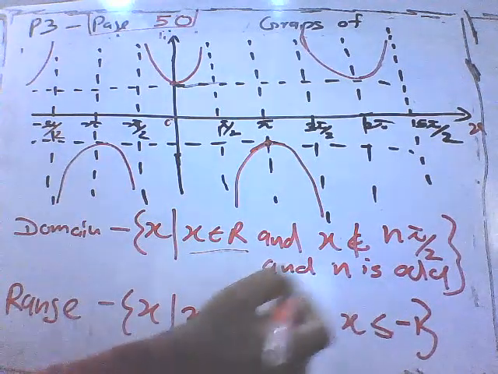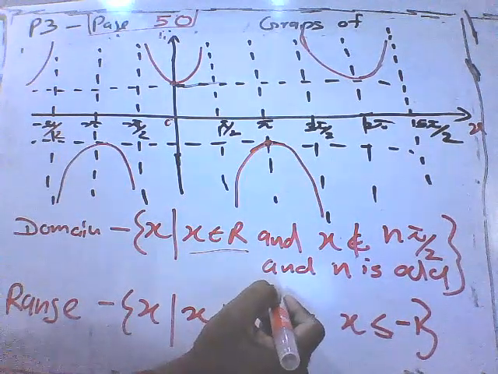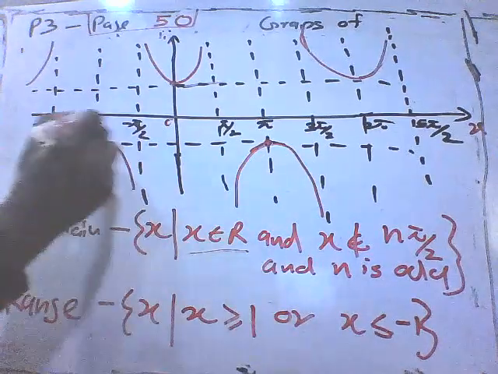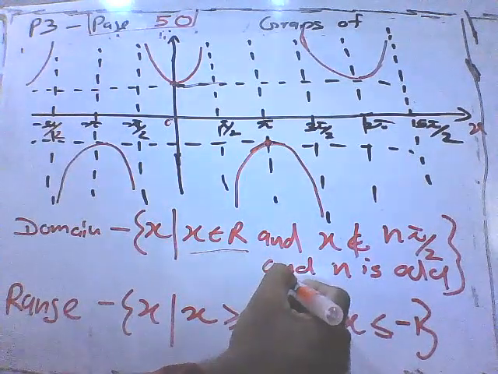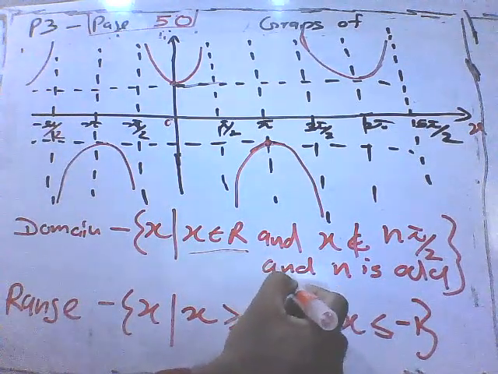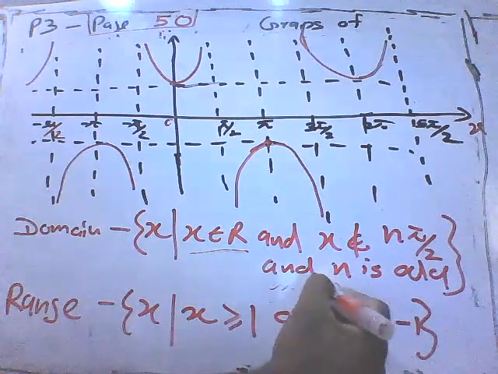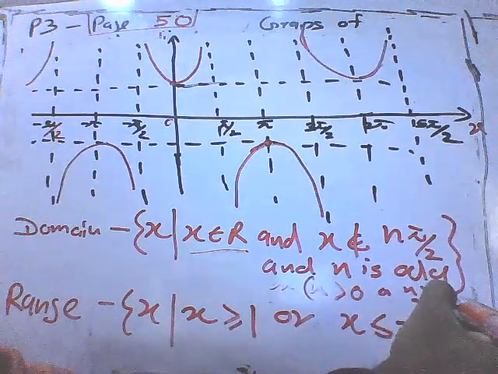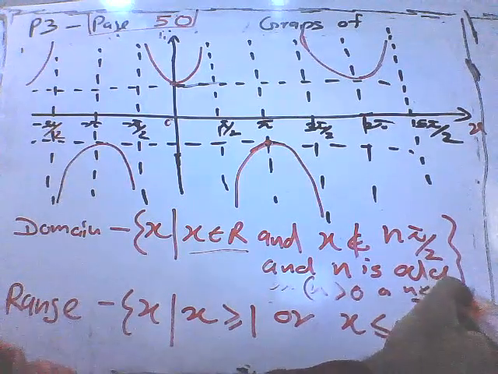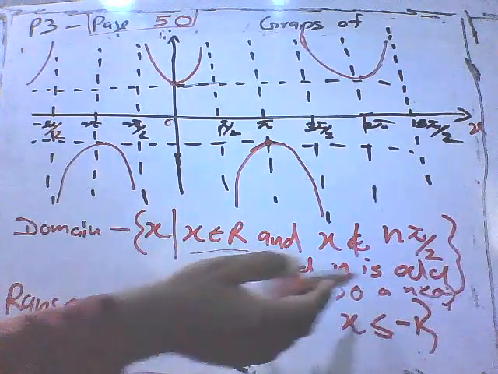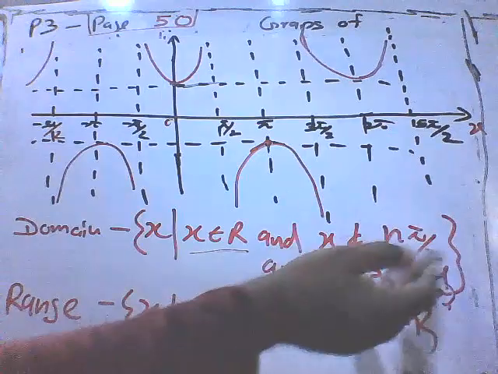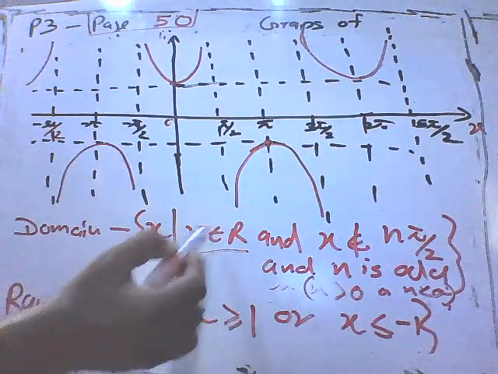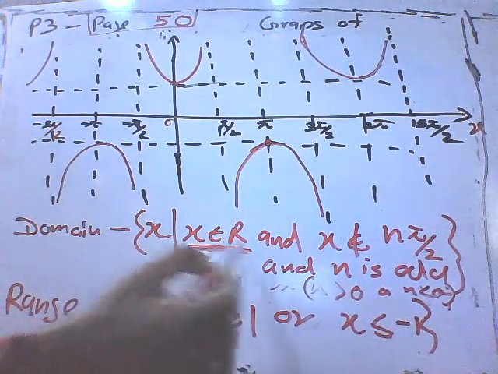And also here you can mention n can have a negative value also. Negative values also you can have. So we can say n is greater than or equal to 0, or n is less than 0, whatever, but it should be an odd number, and these are the multiples. So those things we have to take from the reals.